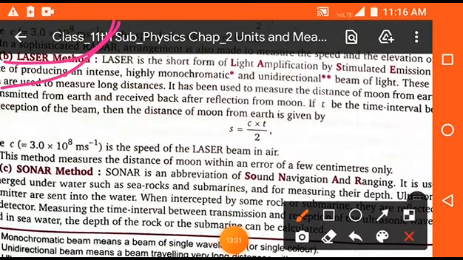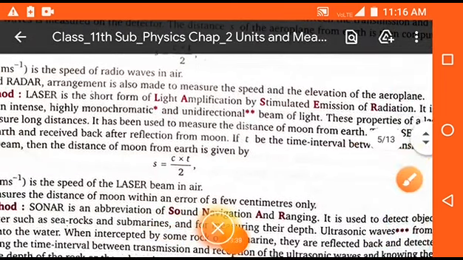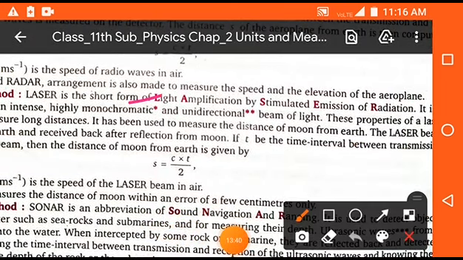Okay, students. Next one is the laser method. So what is the laser method? First of all, I want to tell you the full form of laser: light amplification by stimulated emission of radiation. It is important, so you have to learn the full form of laser.